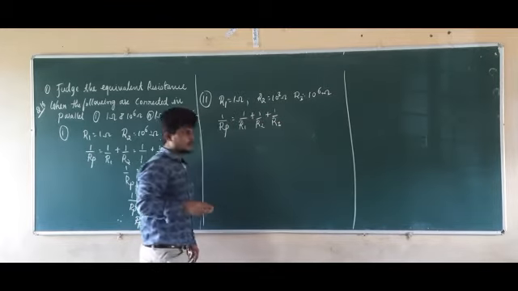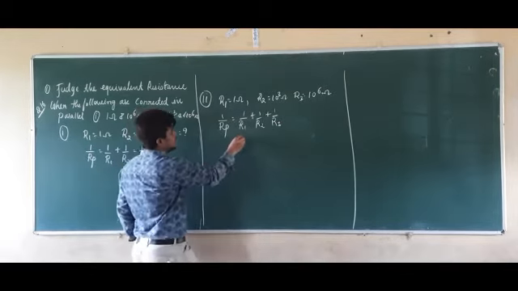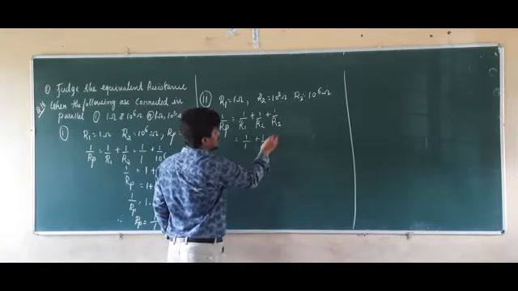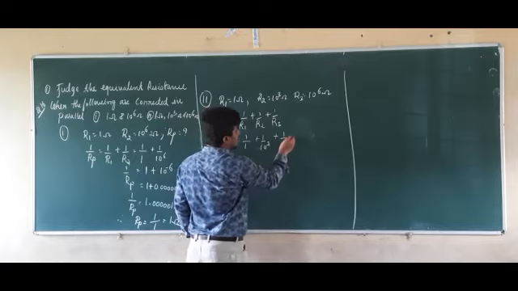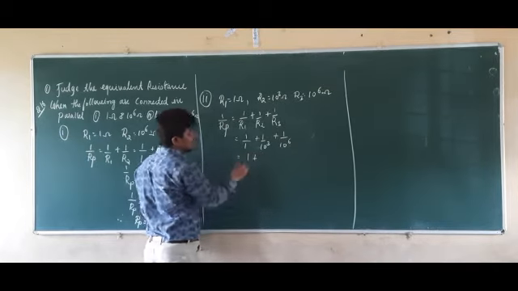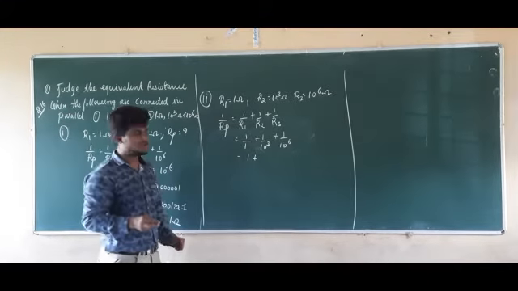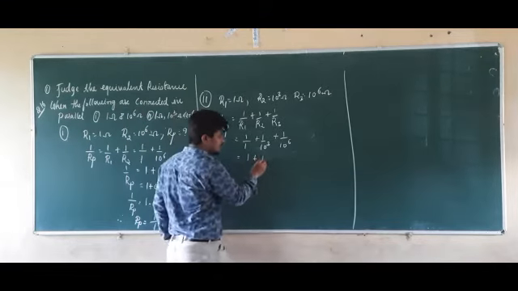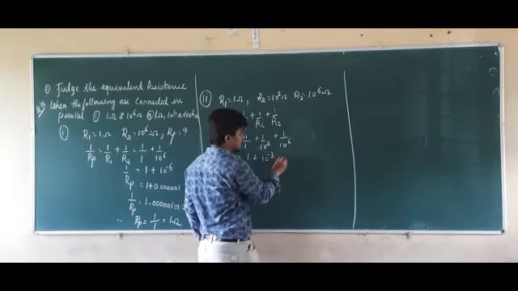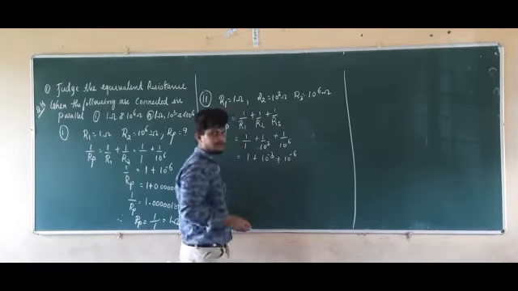So it will become 1 divided by 1 plus 1 divided by 10 raised to 3 plus 1 divided by 10 raised to 6. We write 1 divided by 10 raised to 3 as 10 raised to minus 3, plus 10 raised to minus 6.